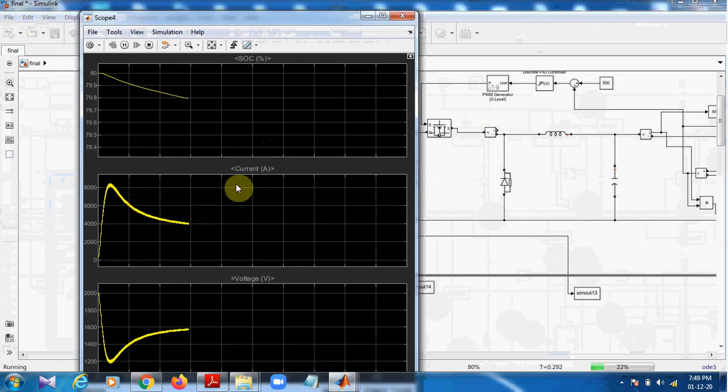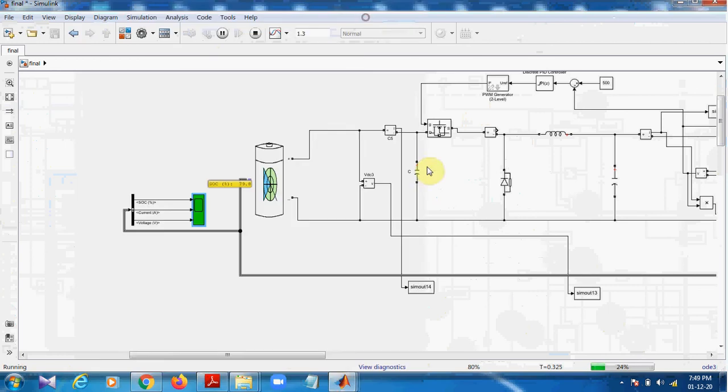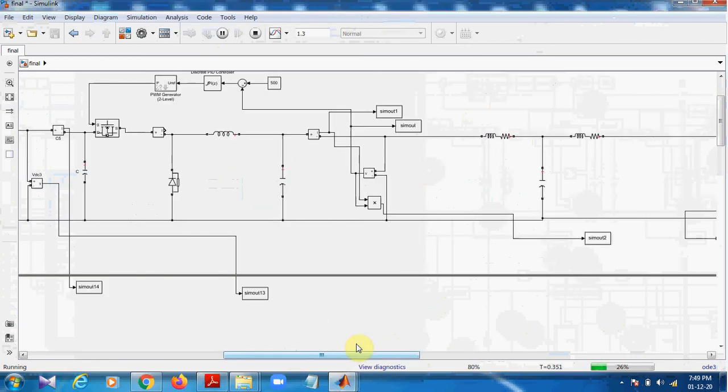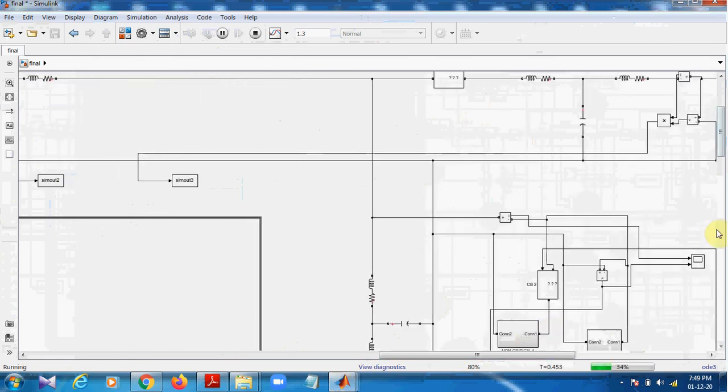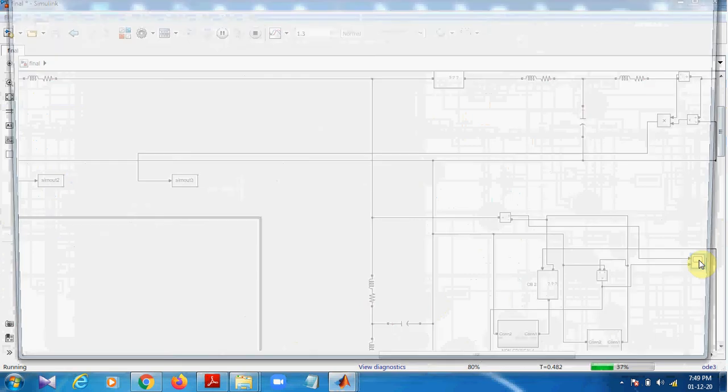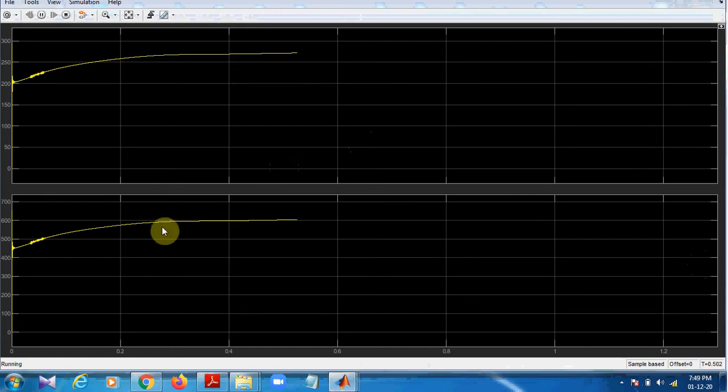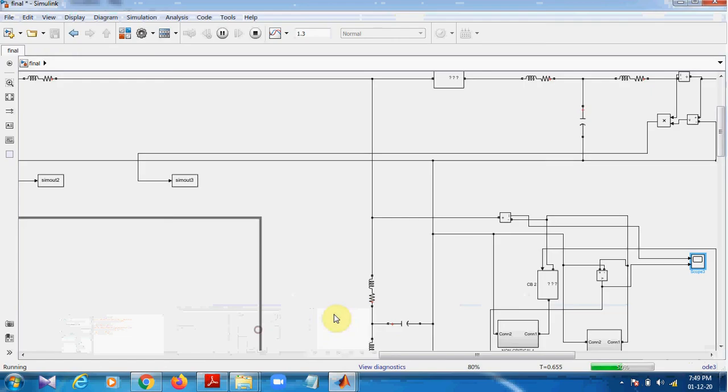See, this is how current, voltage, and SOC are printed for the battery model. Then we'll see different things. We'll go to the MPC controller. Here we can see the power and voltage produced by our system, which is the final outcome of the system. We'll see other graphs.